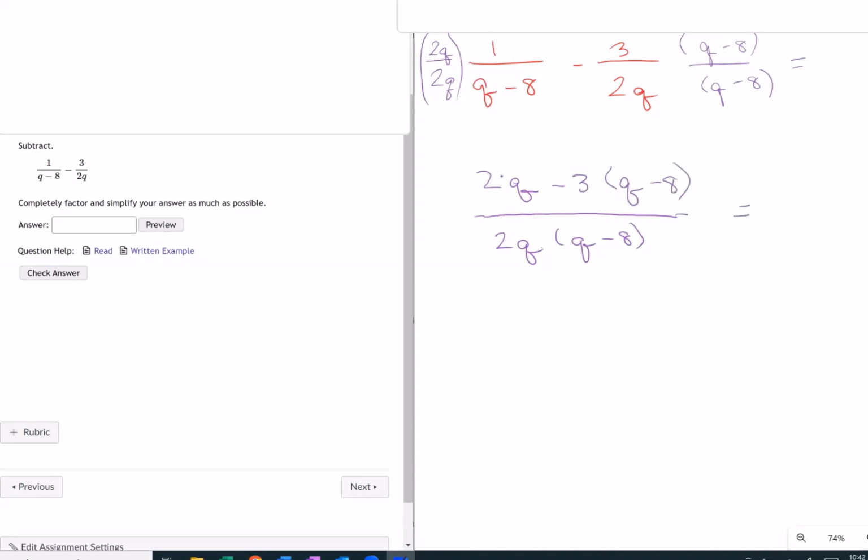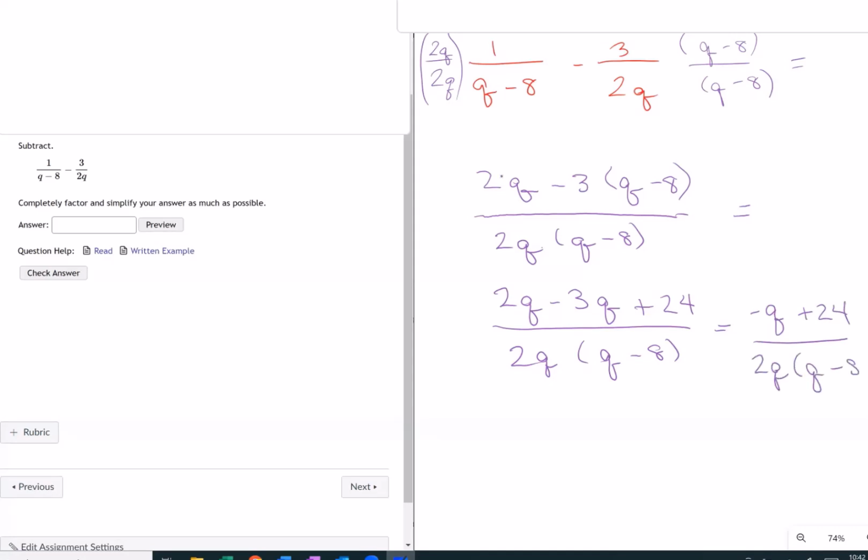That equals 2q minus 3q plus 24 divided by 2q times q minus 8, which equals 2q minus 3q is negative q plus 24 divided by 2q times q minus 8.